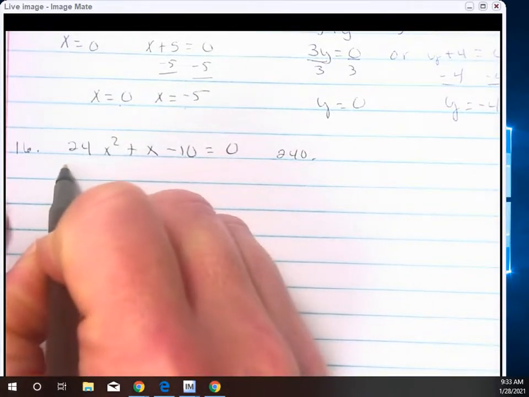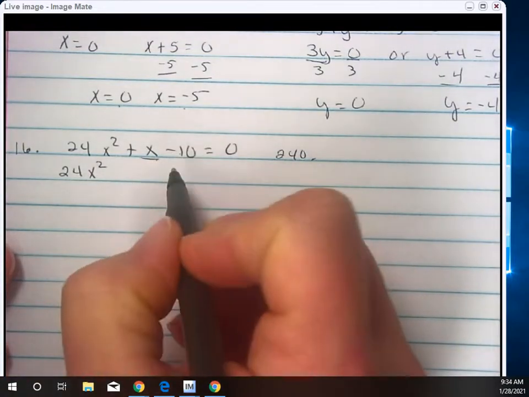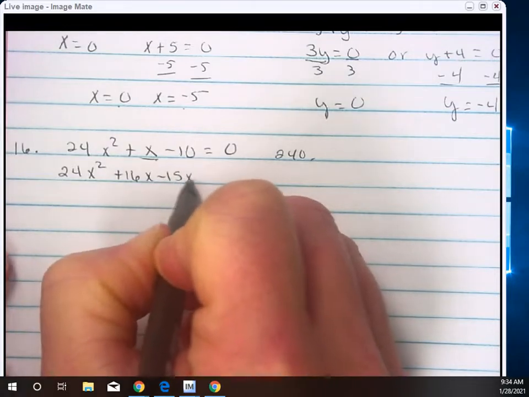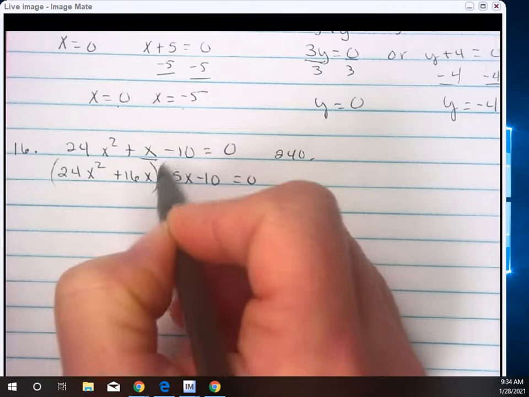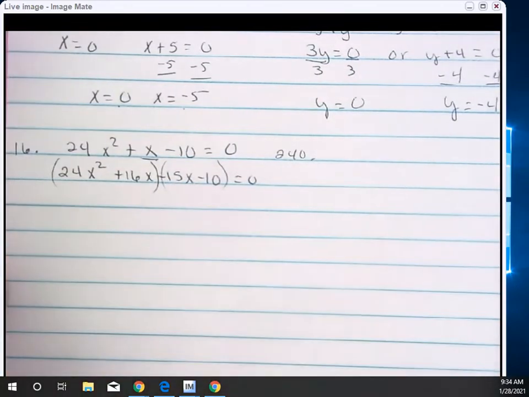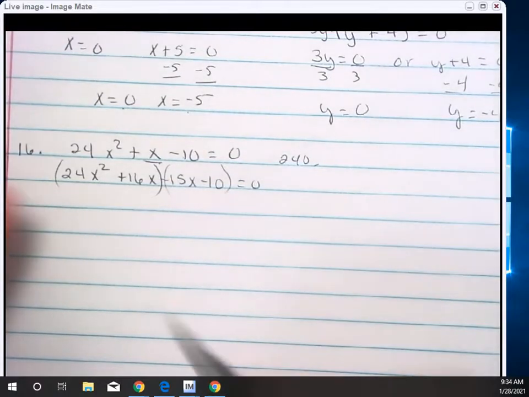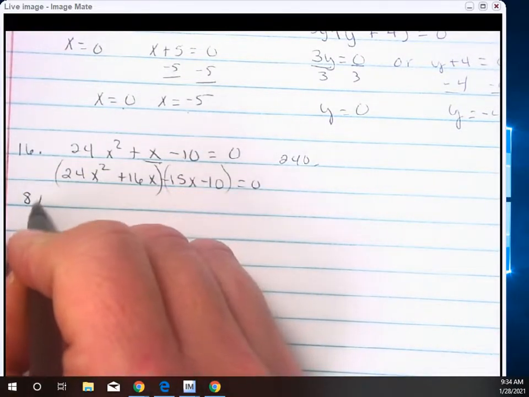So we're going to replace the x with a 16x minus a 15x. And then we're going to factor by grouping. The greatest common factor in 24 and 16 is 8, and the greatest common factor in x and x squared is x.